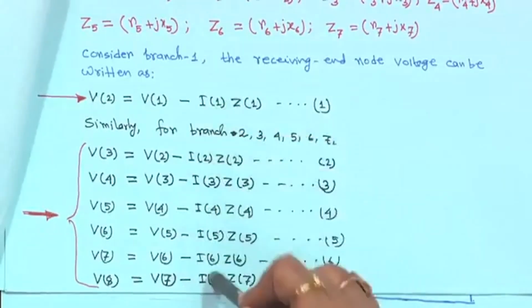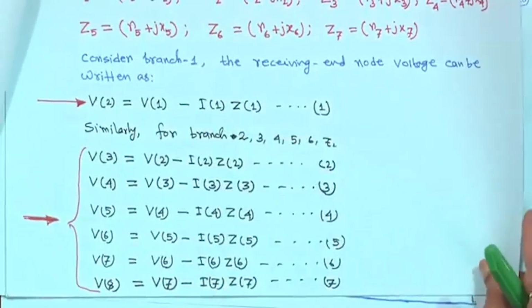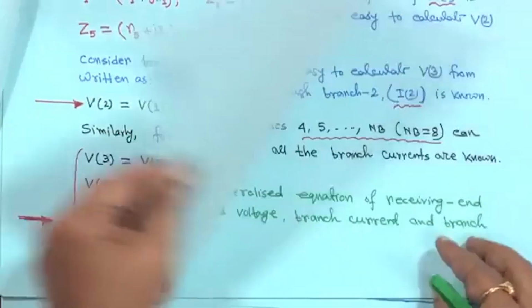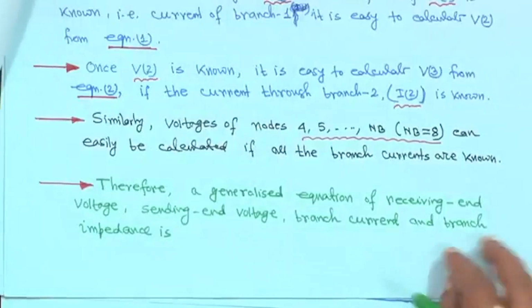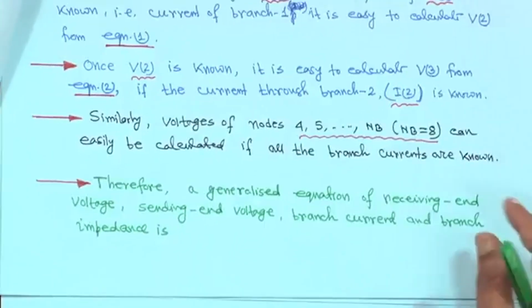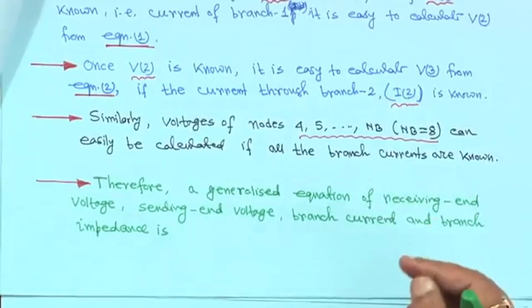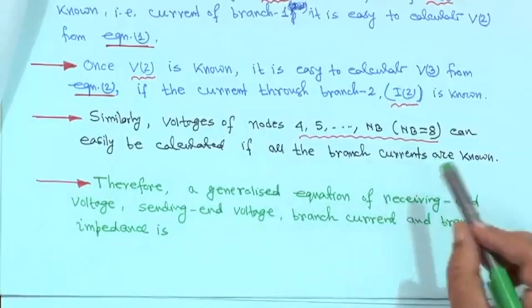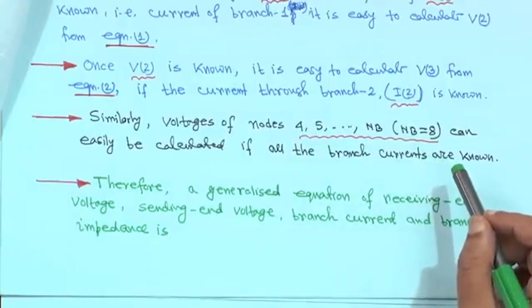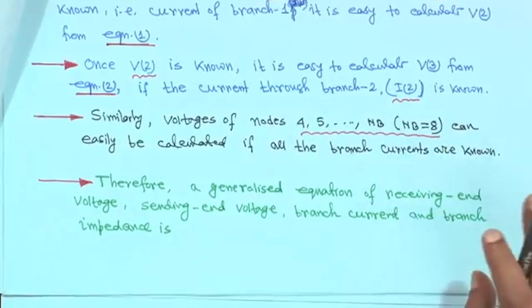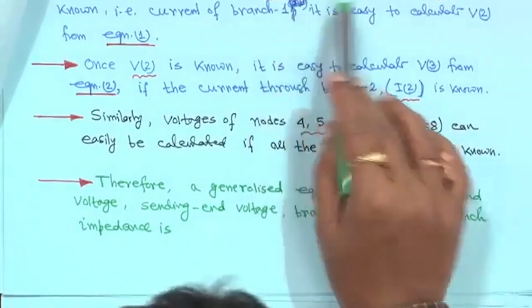So, this I1, I2, I3 we have to compute. Once these equations are written, next we will make some matrix form rather than working directly, because we have a main feeder plus a main feeder with lateral branches. We will come to how to get the solution. The substation voltage V1 is known.